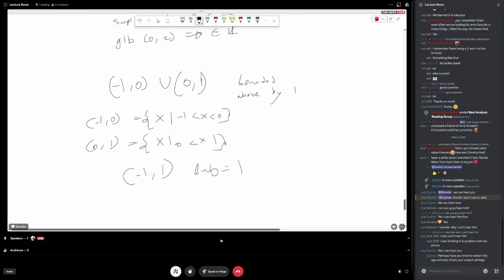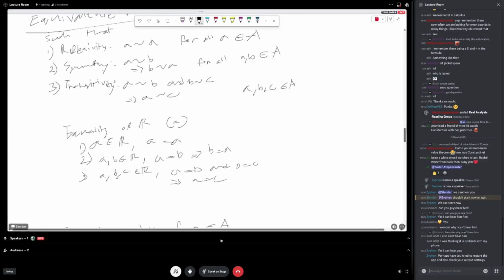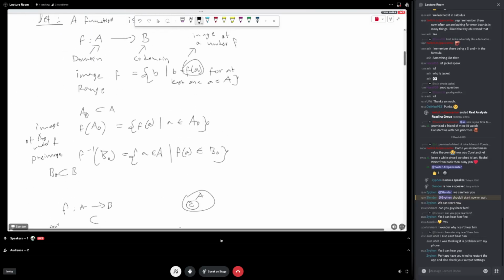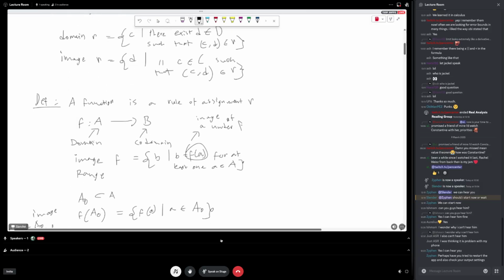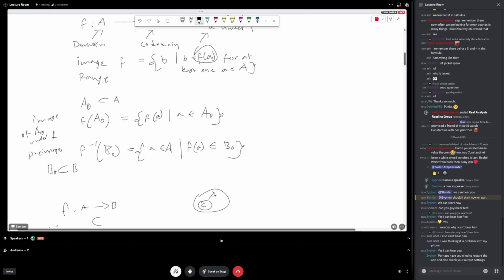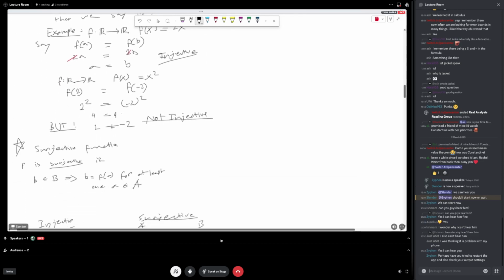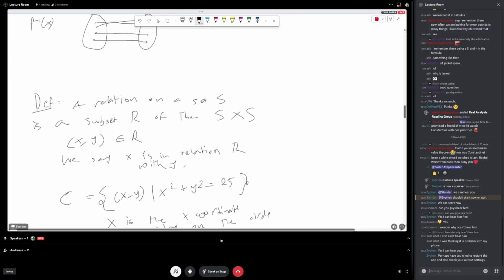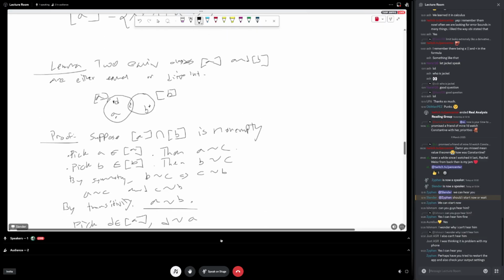So I think that's it for today. We have covered functions and relations. We covered the rule of assignment, the function, image, pre-image, composition, the types of functions, injective, surjective, bijective, and relations. We also covered equivalence relation, equivalence class, and the lemma that two equivalence classes are either equal or disjoint.